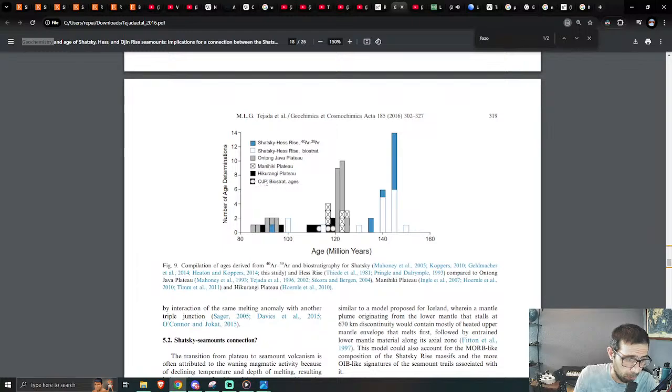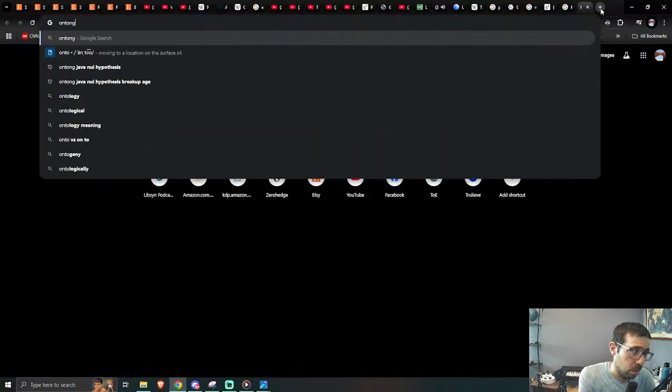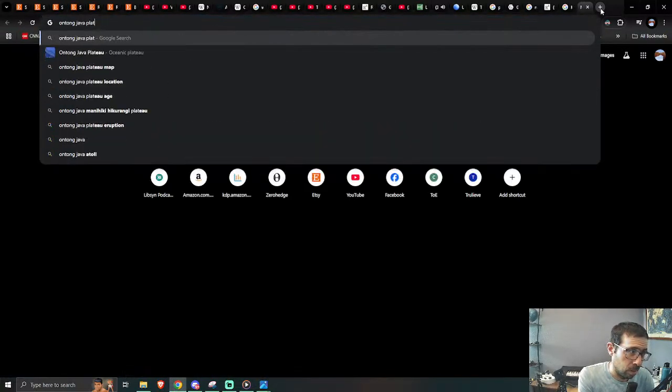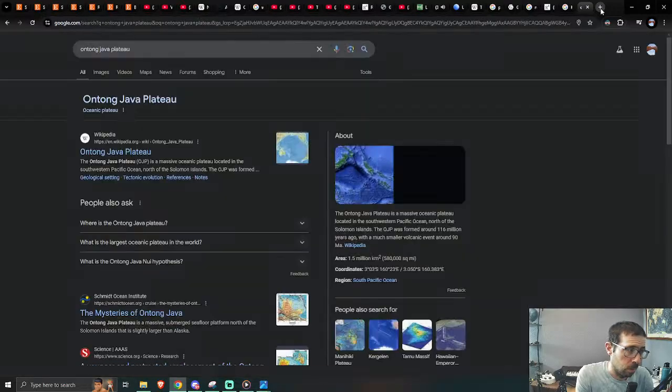Ontong Java Plateau 120. Shatsky Rise 145. So that's interesting. It was before Ontong Java. I believe Ontong Java is like 120 to 90 kind of range. Ontong Java Plateau.